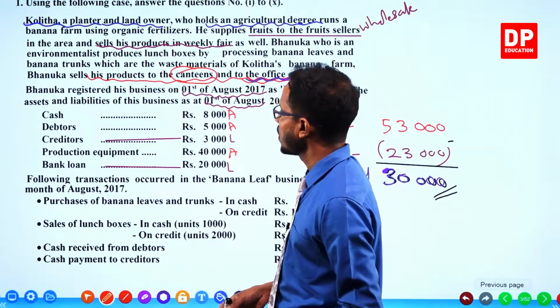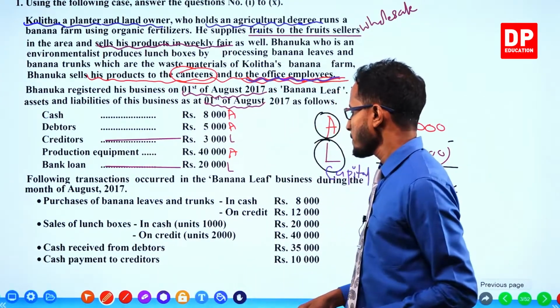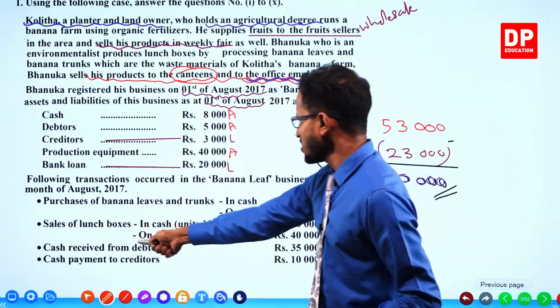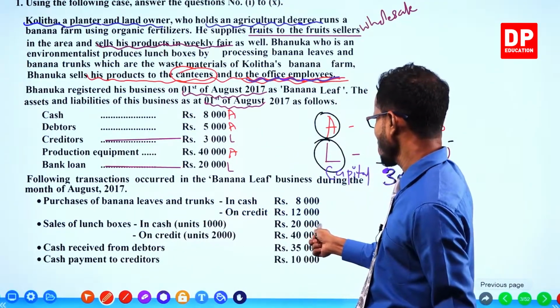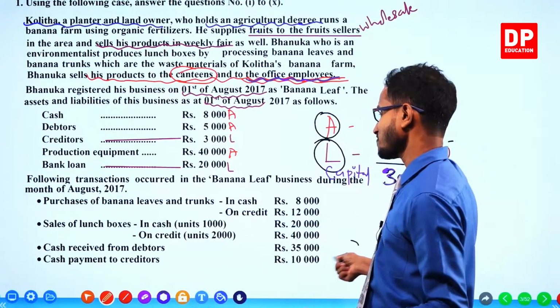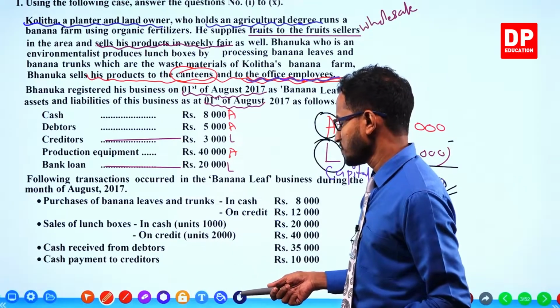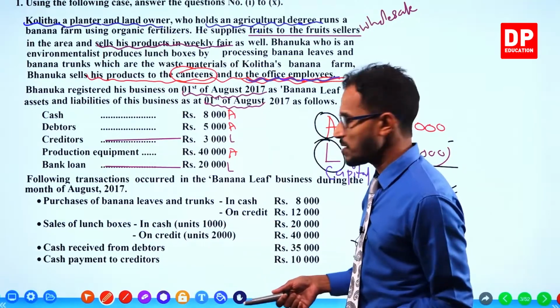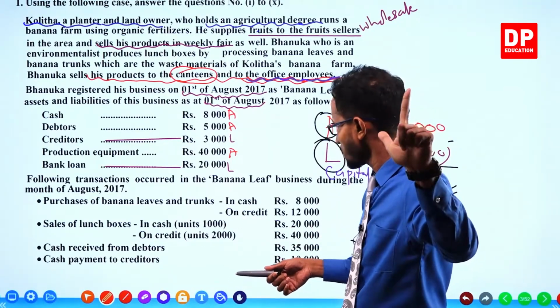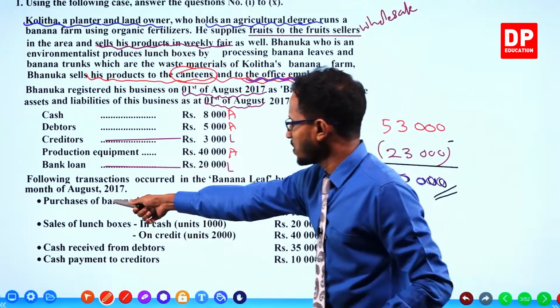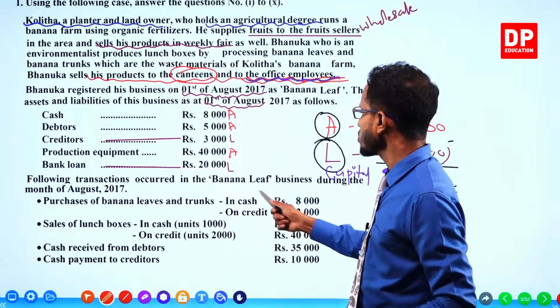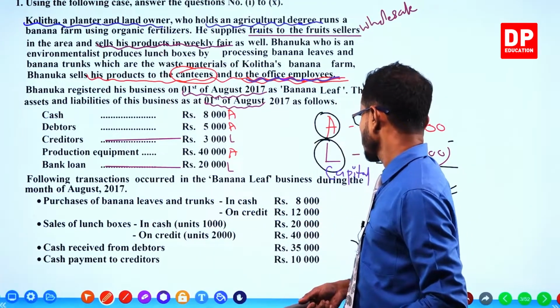And other transactions we have. Selling of lunch boxes in cash and on credit. Sales on credit go to the sales journal. You have 2 prime books, cash book, sales journal. Purchasing of banana leaves in cash, on credit.